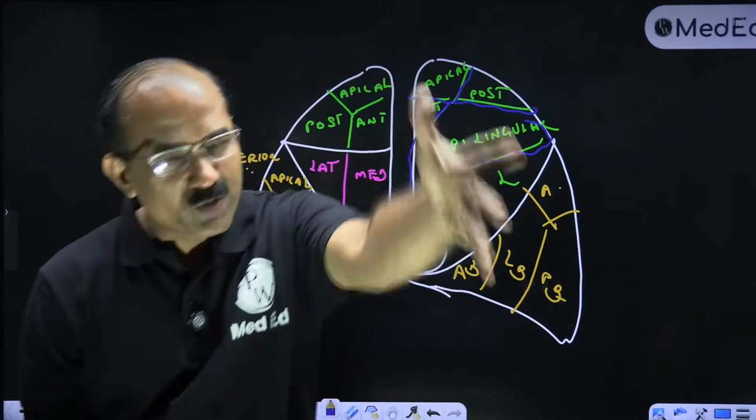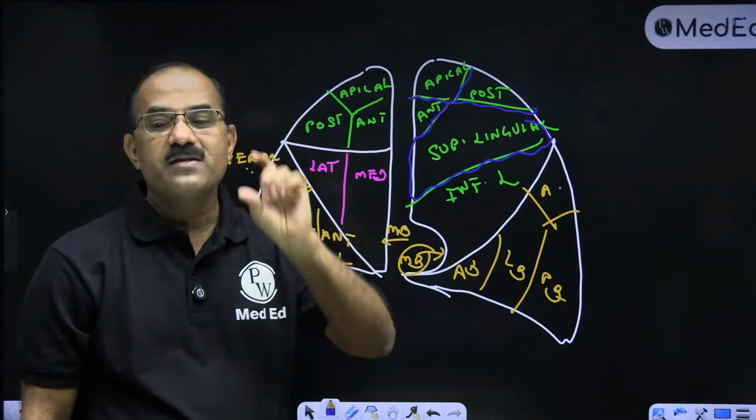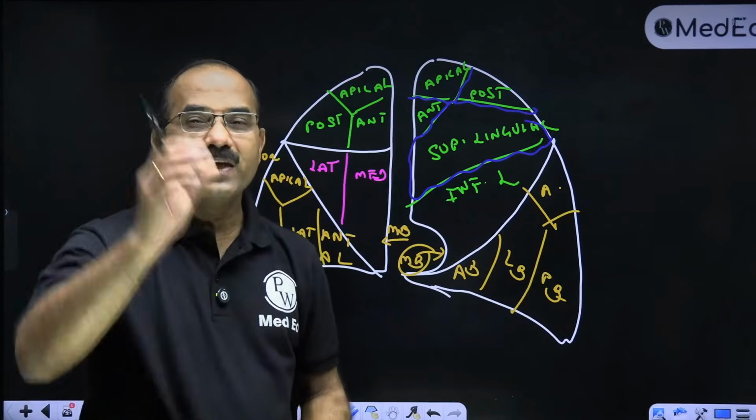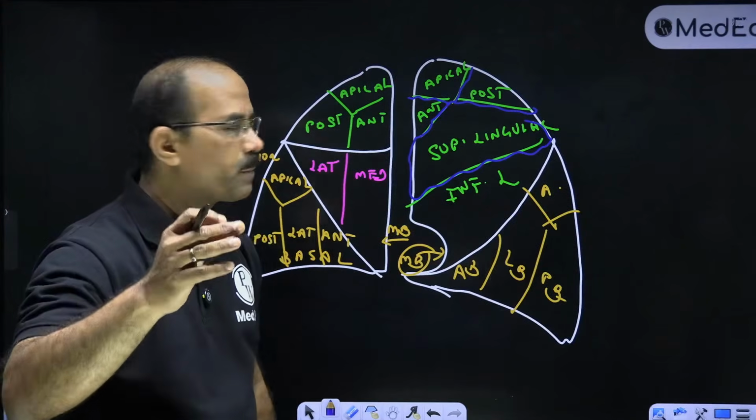Pulmonary veins. Very good. Pulmonary veins are intersegmental. This comes as an MCQ.